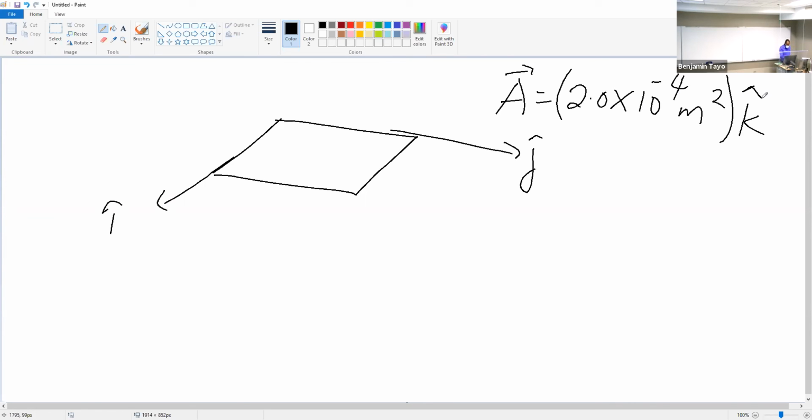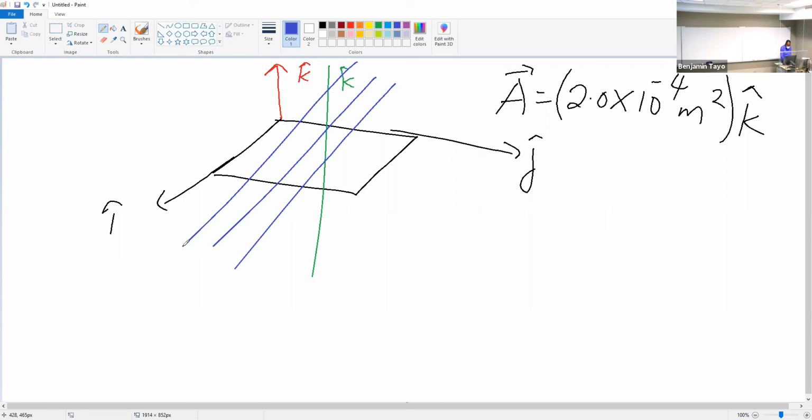Now, in this case, let's say that this direction is my k hat. But now, see what is happening here. So if I draw a line that is in the k hat direction, it turns out that my electric field is making some angle.